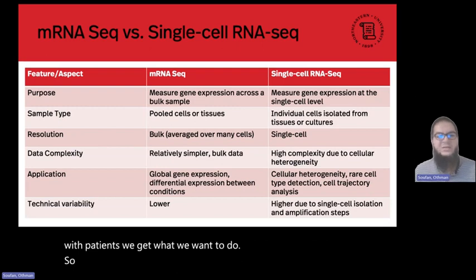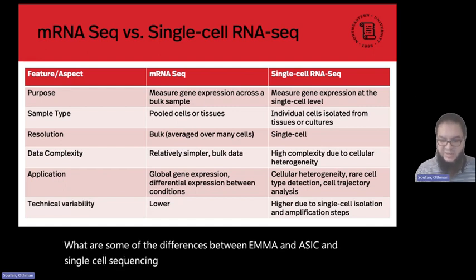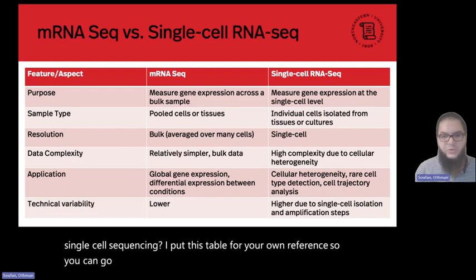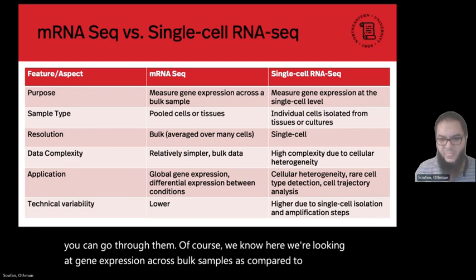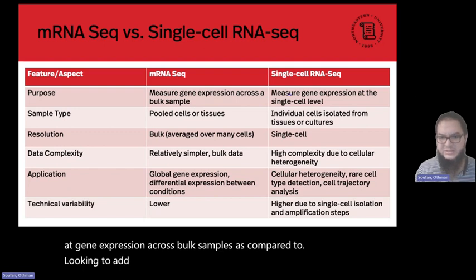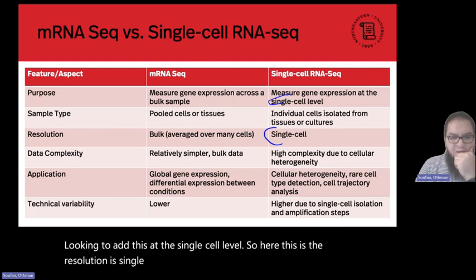So what are some of the differences between mRNA-seq and single-cell sequencing? I put this table for your own reference so you can go through it. Of course, we know here we're looking at gene expression across bulk samples as compared to looking at the single cell level. So here, this is the resolution in single cell.